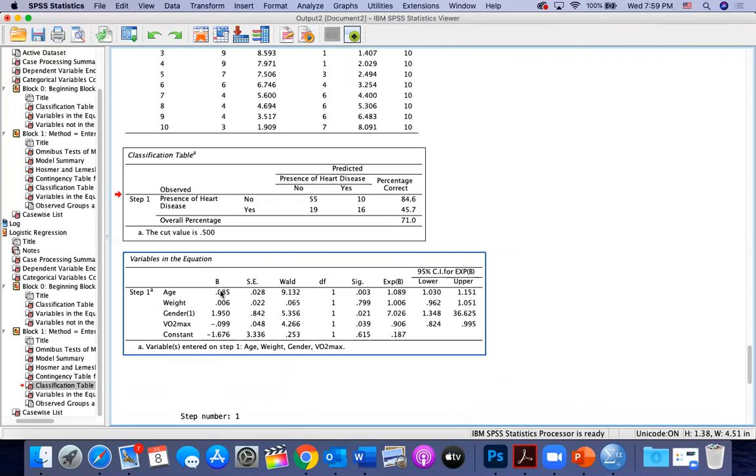So we can see that all independent variables except VO2 max are going in an increasing way with the dependent variable. However, VO2 max is going in a negative way. So if the VO2 max value increases, the dependent variable will be less likely to happen.